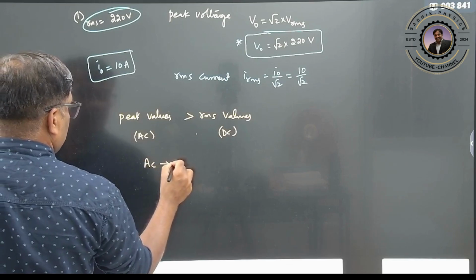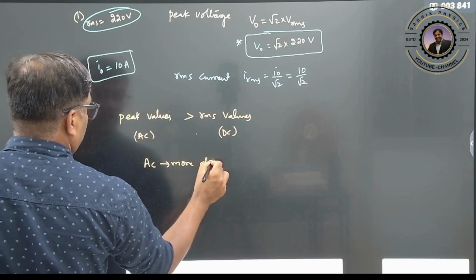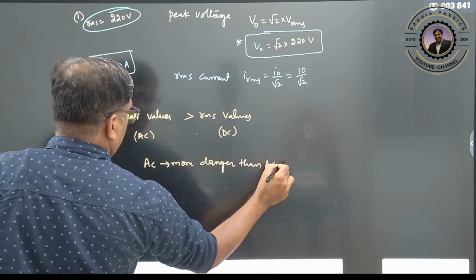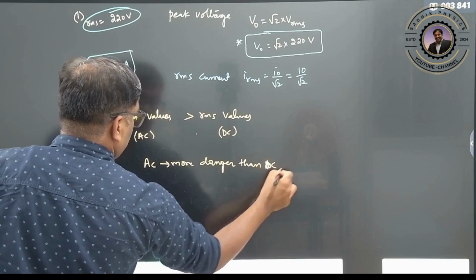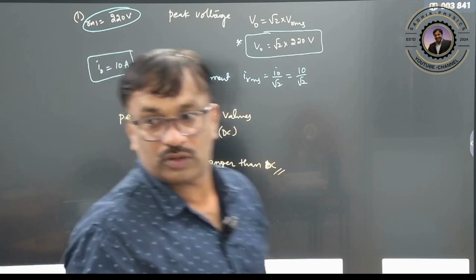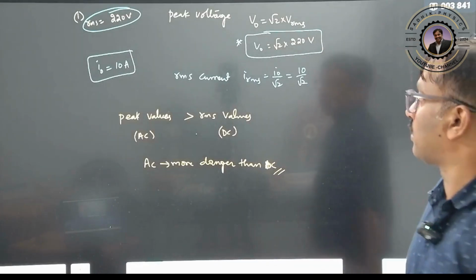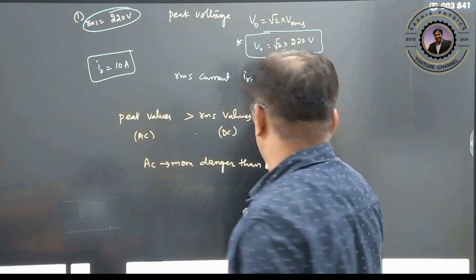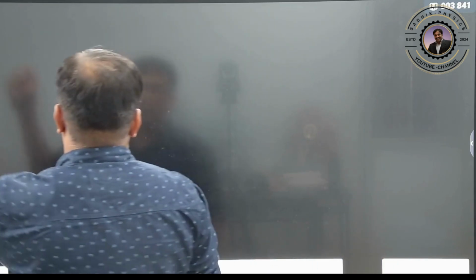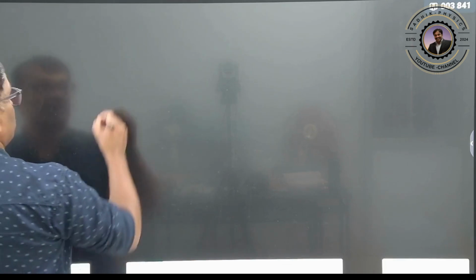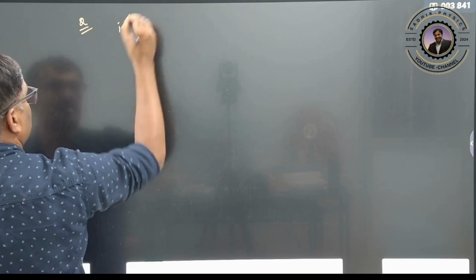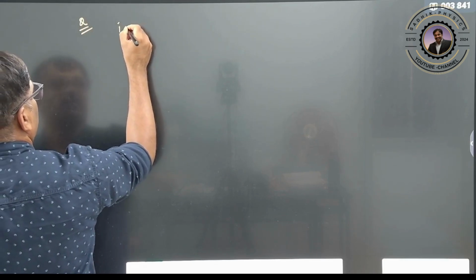Therefore AC is more dangerous than DC. Clear? Understand? These are simple questions; you can calculate them. Now let us see how to calculate the RMS values. Suppose there is a value given: I is equal to, this is a current.